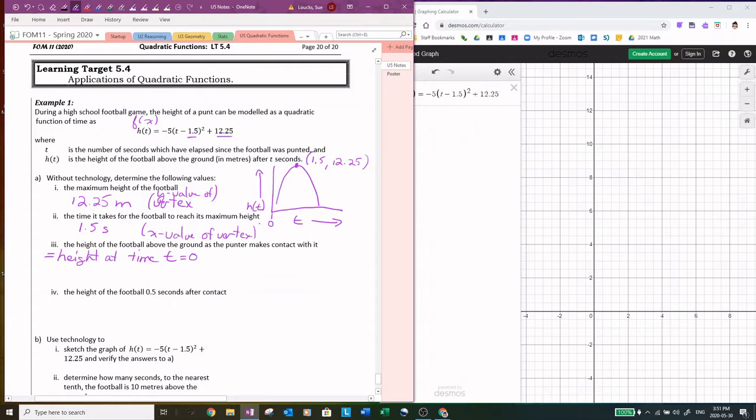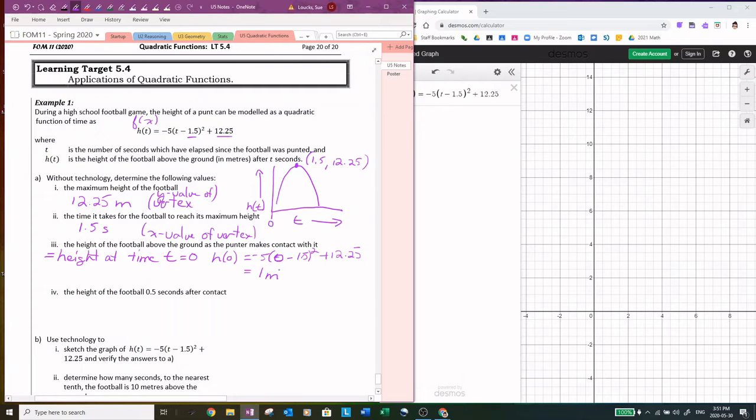And that means that I can plug this into my equation, and I can go h of 0 is -5 times (0 minus 1.5) squared plus 12.25, because I'm replacing my t with 0. And if I put that in my calculator, I get 1 meter is the answer.